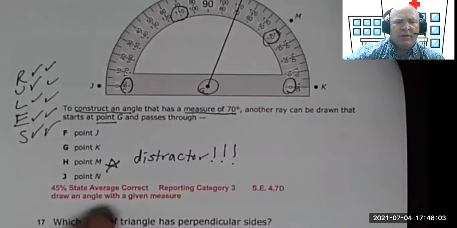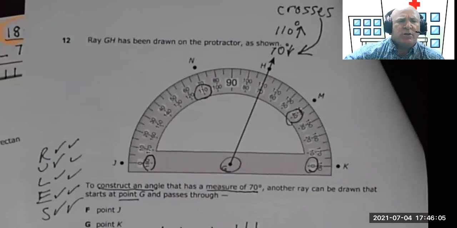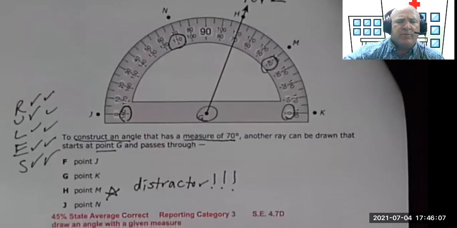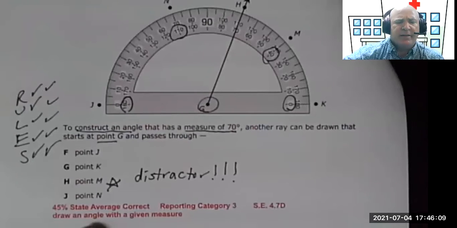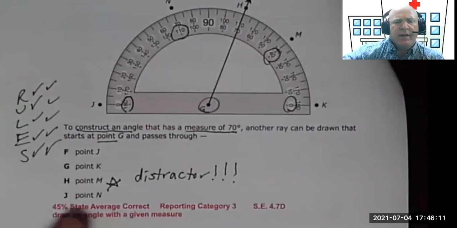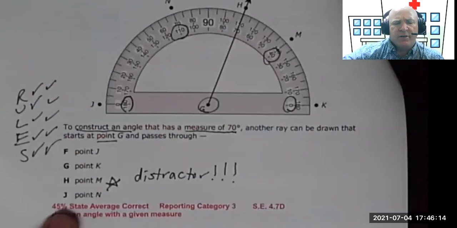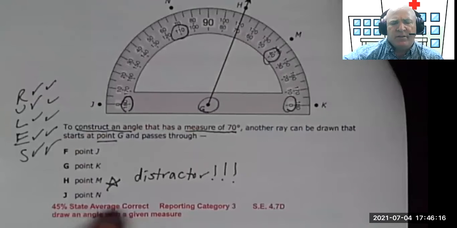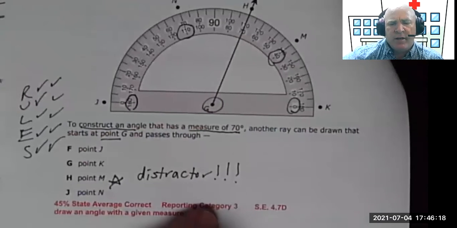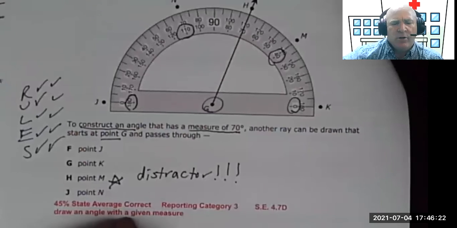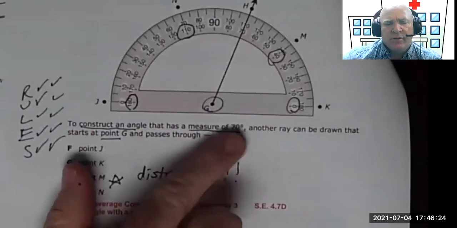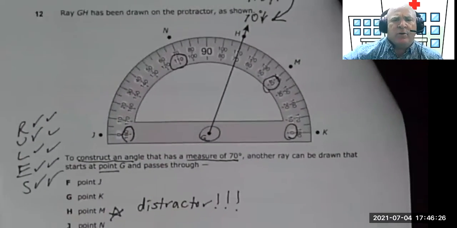It was question number 12 on the fourth grade test from this past year. It only got 45% correct in the state, reporting category 3, student expectation 4.7D, draw an angle with a given measure. So that's the TEKS.